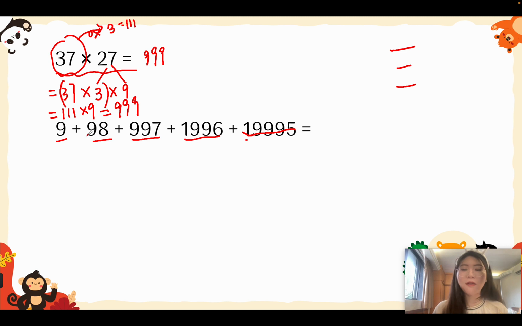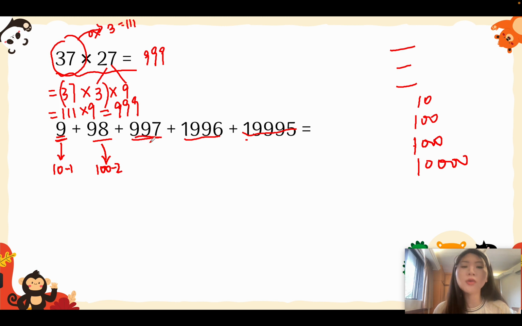Yeah, you can find the easier numbers, like 10, 100, 1000, and 10,000, right? So here, actually 9 is 1 less than 10, right? So you can write down 10 minus 1. And this one is 100 minus 2, so close to 100, and this one so close to 1000, right? So you can write it down, it's 1000 minus 3.